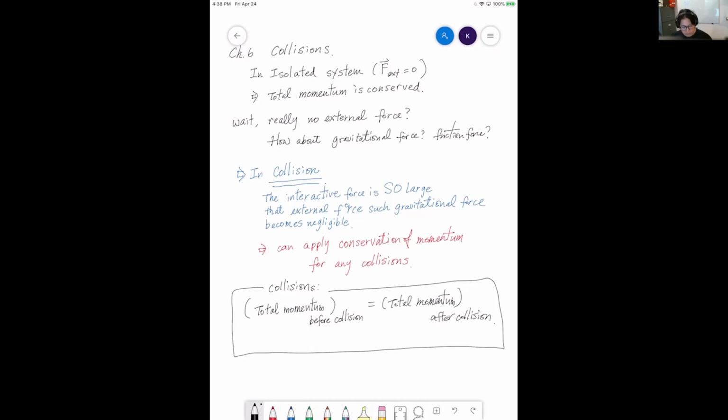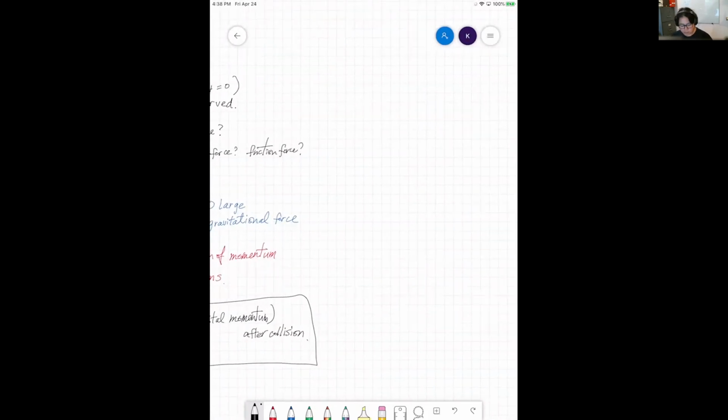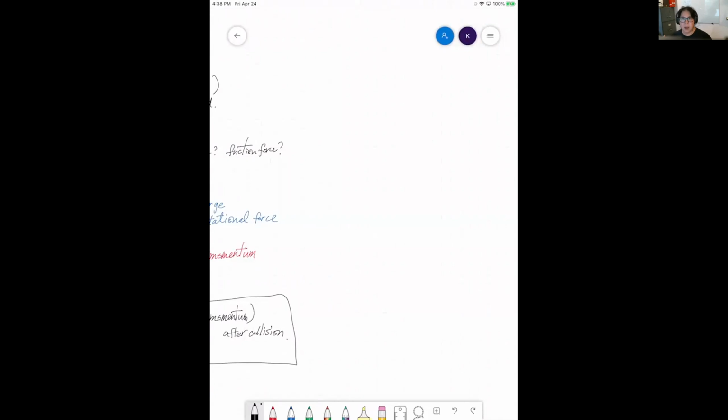So that's the collisions. And for collisions, when we're going to talk about collisions today, there are different kinds of collision. You have two kinds of collisions. One is called elastic collision.